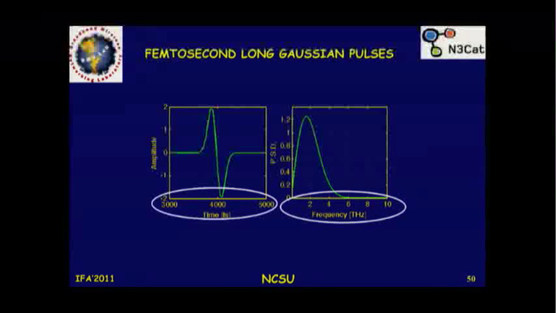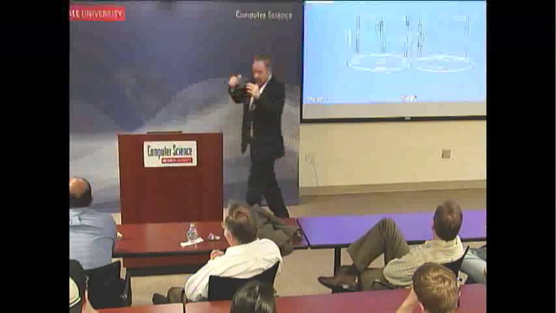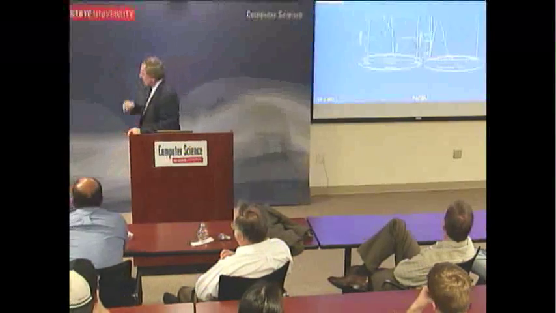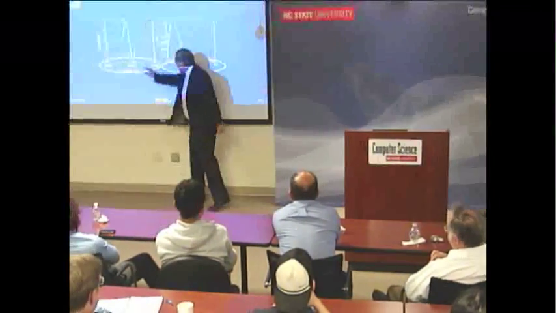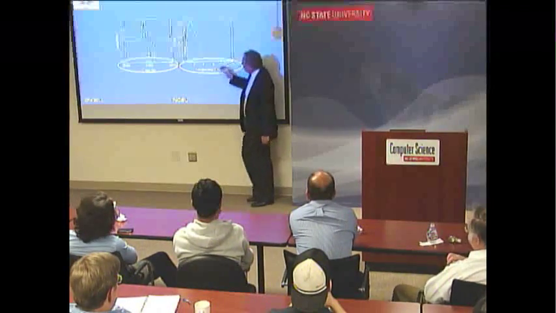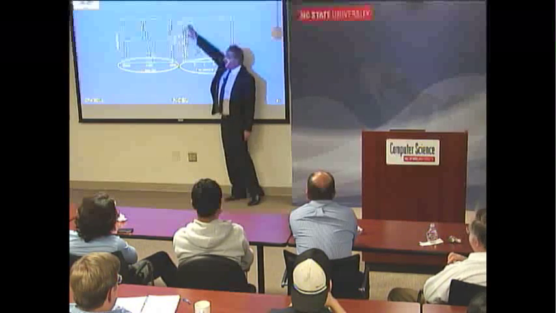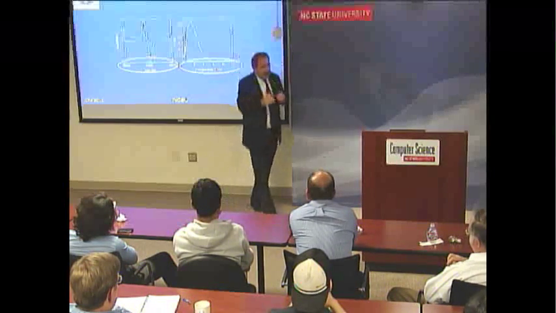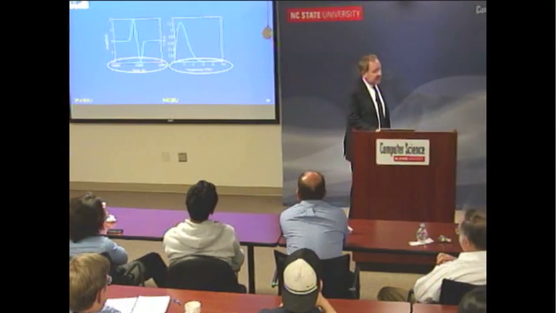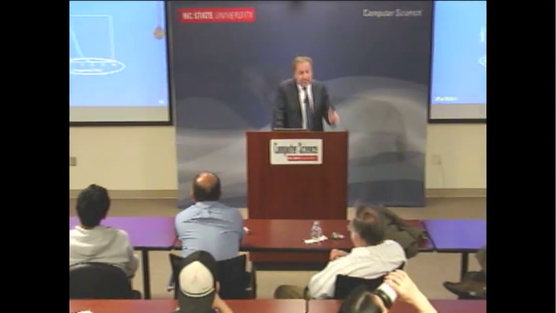As you can see here, it's extremely short; it doesn't even show up here. That is the femtosecond-long pulse in the time domain, and then in the frequency domain you can see the best performance around 2 terahertz. So we can operate these networks at 2 terahertz and use these femtosecond-long Gaussian pulses.